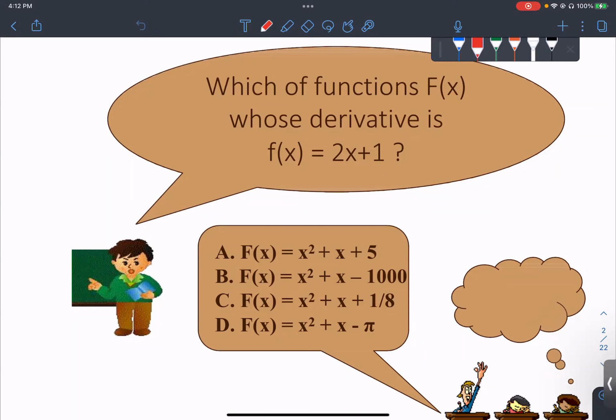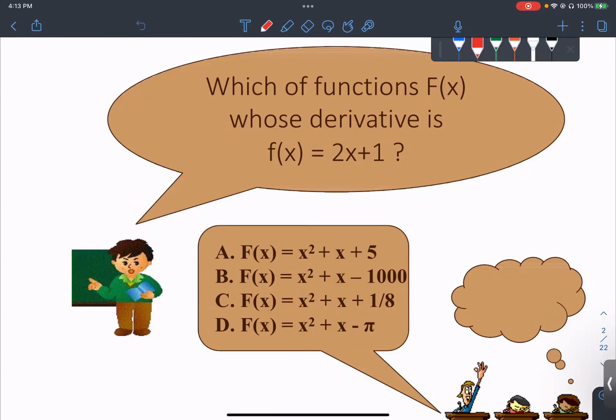Is it letter A, f of x equals x squared plus x plus 5? Is it x squared plus x minus 1,000? Is it x squared plus x plus 1/8? Or is it x squared plus x minus 5? Which of these functions has a derivative of 2x plus 1?